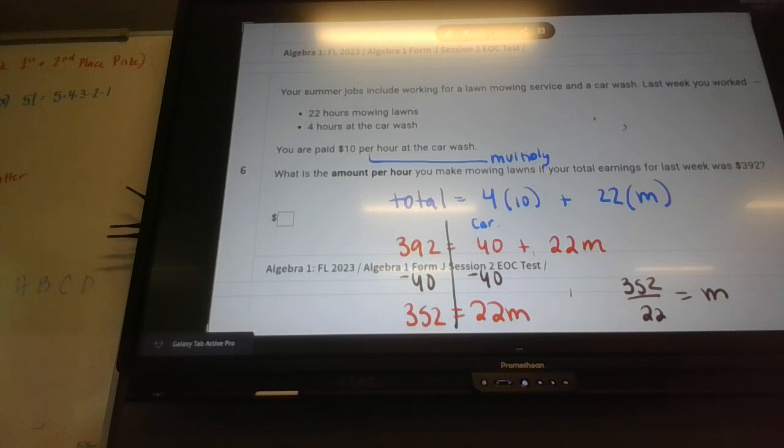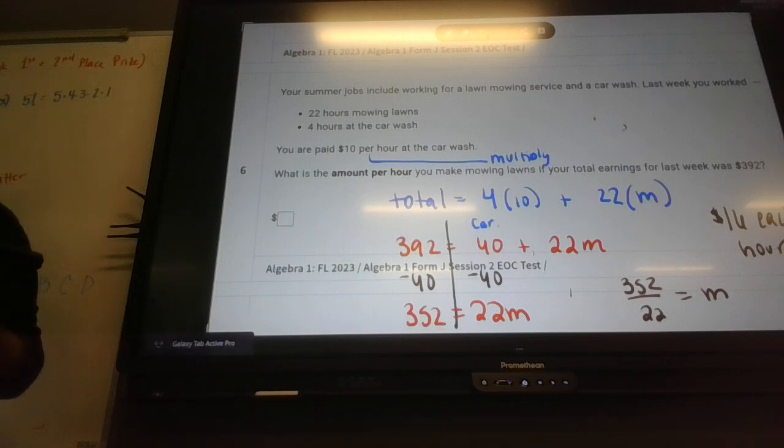And so that means you made 16 an hour mowing lawns. 392 is pretty good though for 26 hours of work. It's like $400 in the summer, and that's pretty good. No, each week.